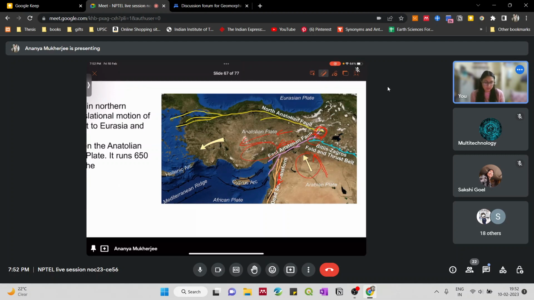This will actually move like this, and because it's moving like this, this is then moving like this. So these branches of the East Anatolian fault are also getting activated because of the plate boundary processes over here, and that is why this area is so seismically active.